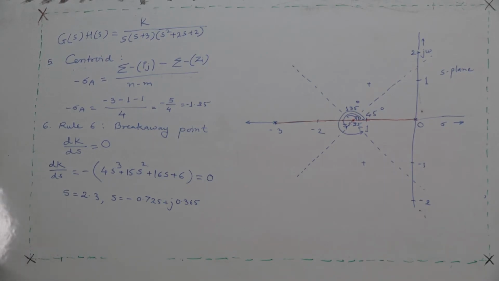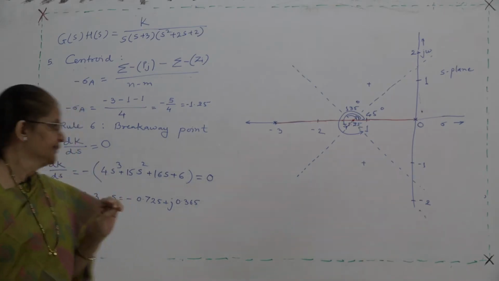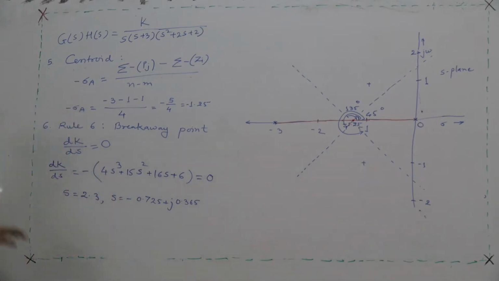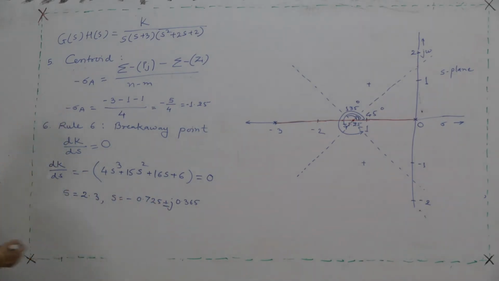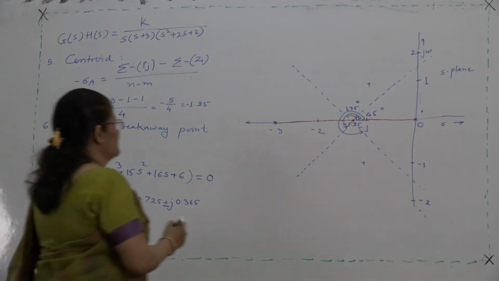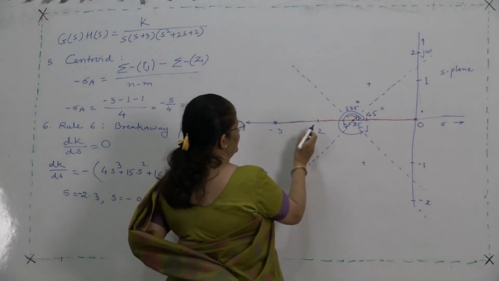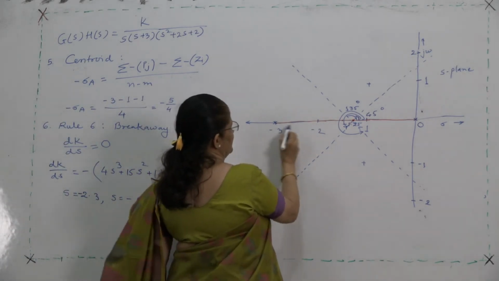I know that finding it manually is difficult, but whatever equation we got, we have to solve it. So, I used the calculator now, and check whether it is correct. Once you get these breakaway points, we have to see which breakaway point is proper. So, here 3 breakaway points we will get. The third is plus minus j 0.365.